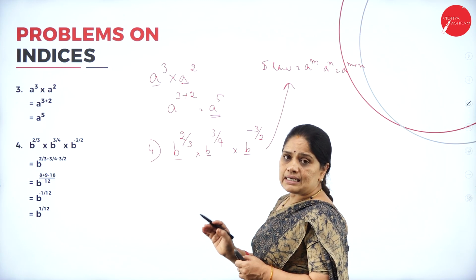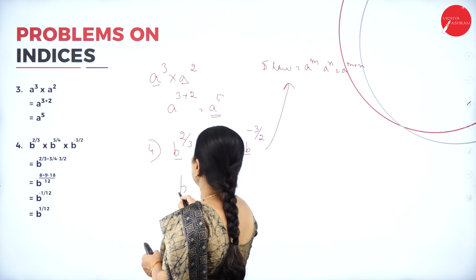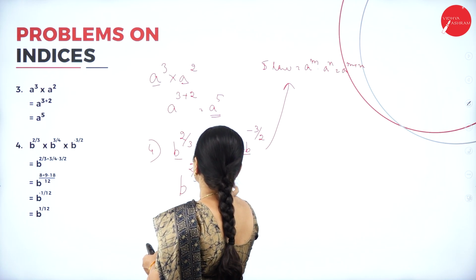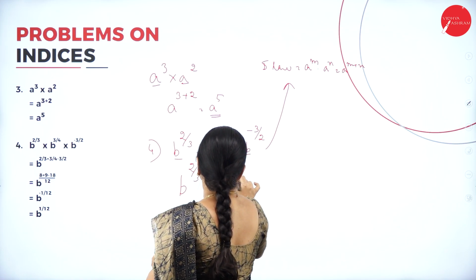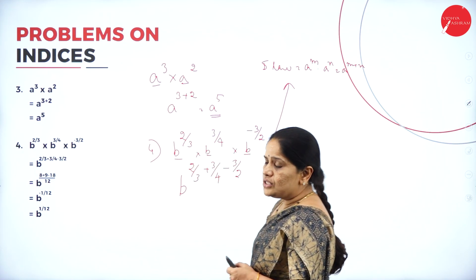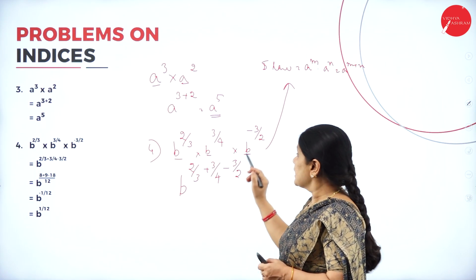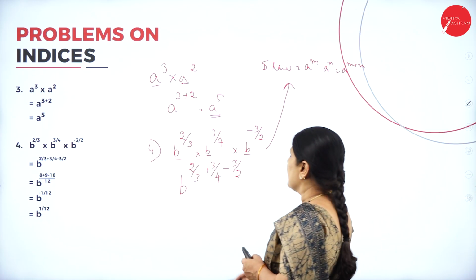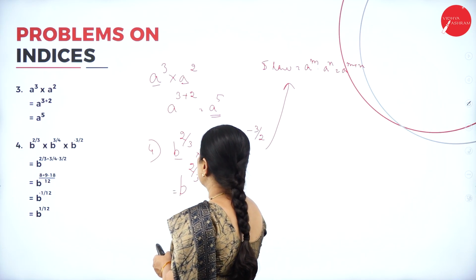When the bases are same, the powers can be added. So, it will be b to the power of 2 by 3 plus 3 by 4, and there is a negative sign here, so you write it as it is. Whenever there is a negative sign, we have to take extra care to write that negative sign when we are calculating. So this is the next expression we derived.